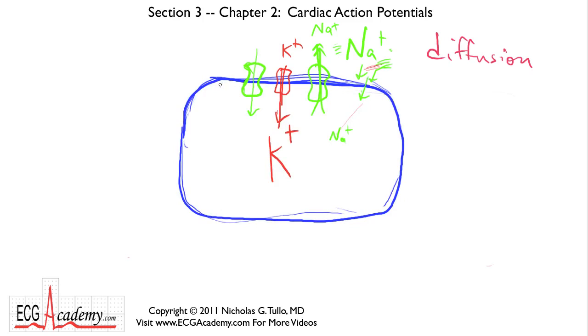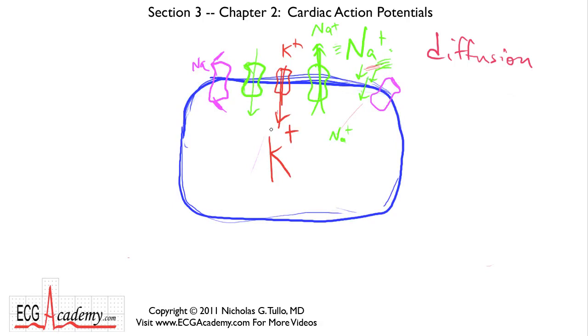Because what happens under the right circumstances is that these gates on the surface, there's a couple of other different kinds. There's what's called a voltage dependent sodium gate that has a sort of two doors. And then there are potassium channels that are time dependent and also voltage dependent to some degree.